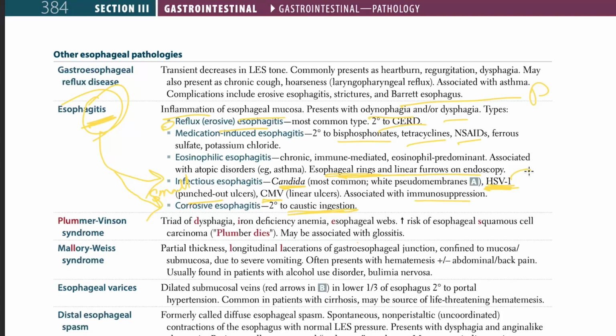Let me just give me 1 second before I give you that information. I would have to look at it. Okay, yeah. So HSV1, first of all, you already know that it's punched out ulcers.